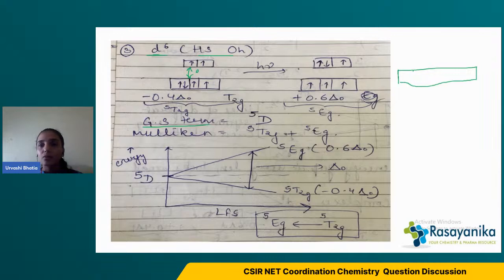Okay. So 5 d orbitals are present, right? So you'll fill the electrons here: 1, 2, 3, 4, and 5. Okay. And the sixth one also here, right? So for calculating the term, how do we do it?